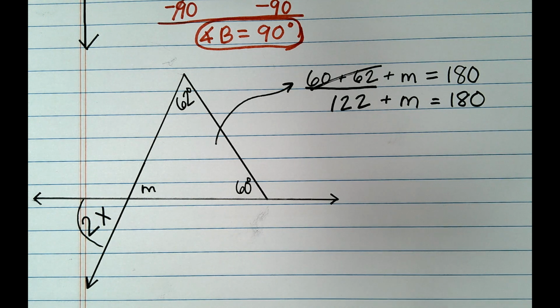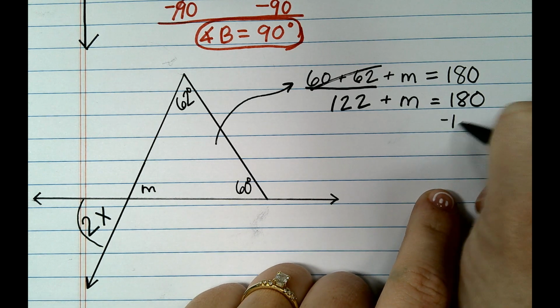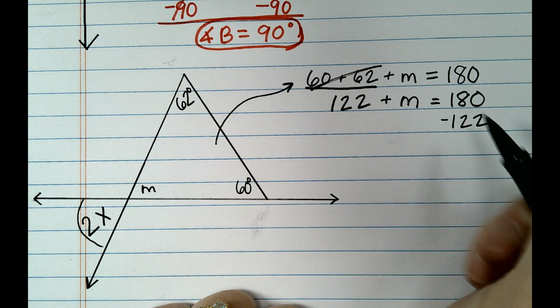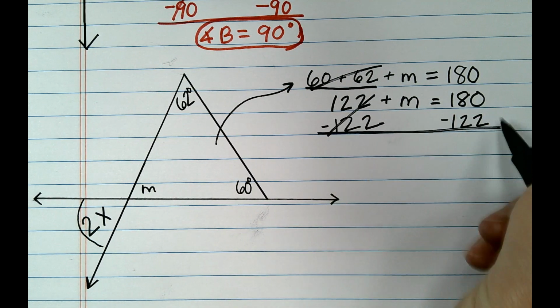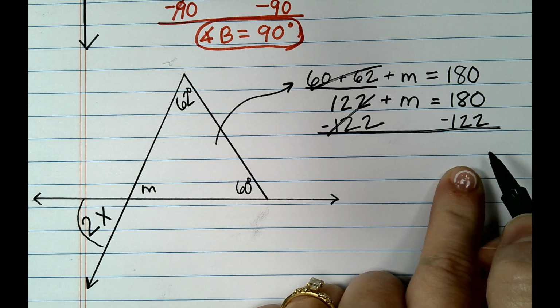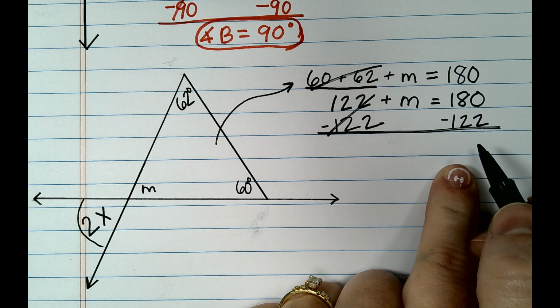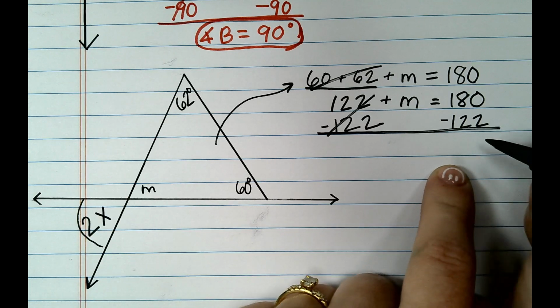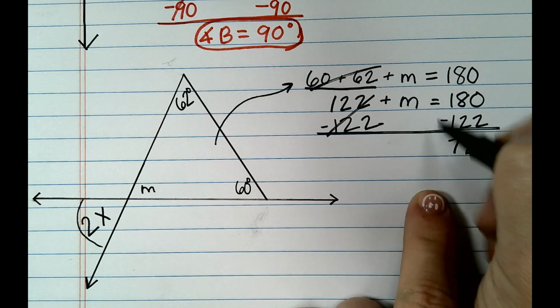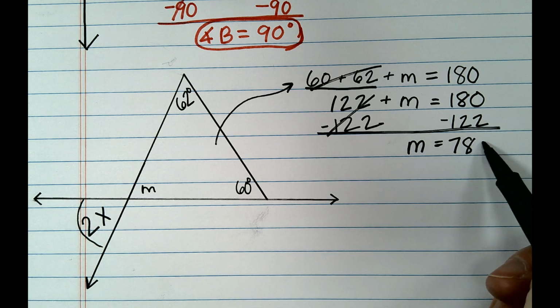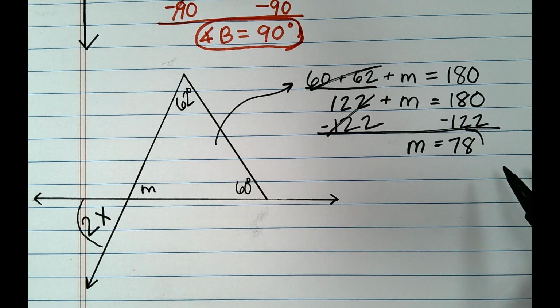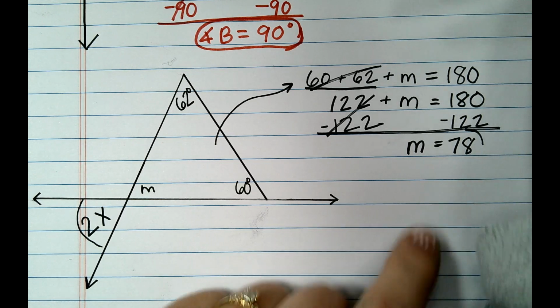Now, Erica, what would I do next? 180 minus 122 will give us M. Then divide by 2 will give us x. Yes. So we're subtracting 122 from 180, and what does that give us? 78? Okay, so 78 is the measure of our missing angle M. Sorry guys, I'm just going with what I hear.